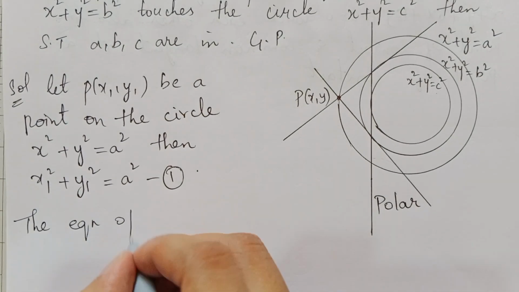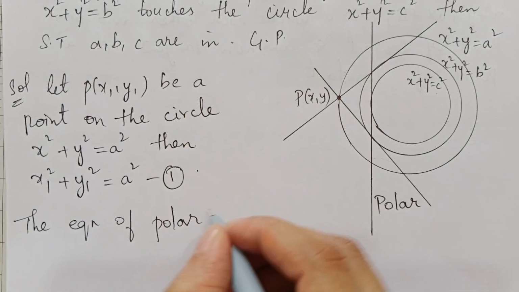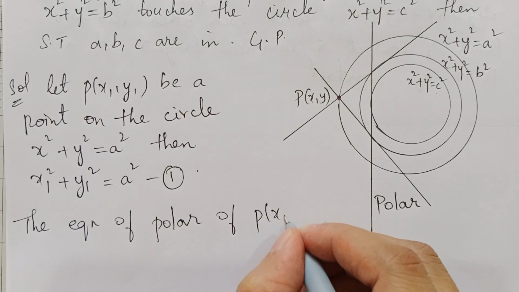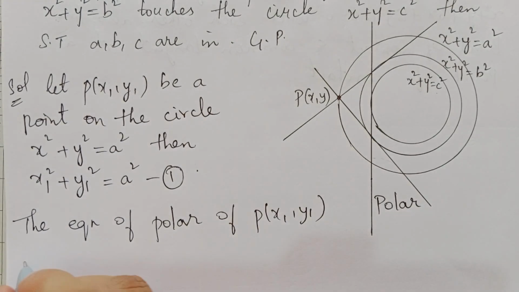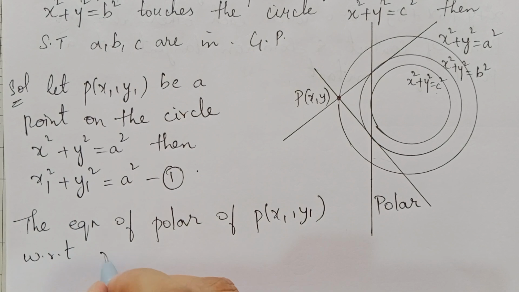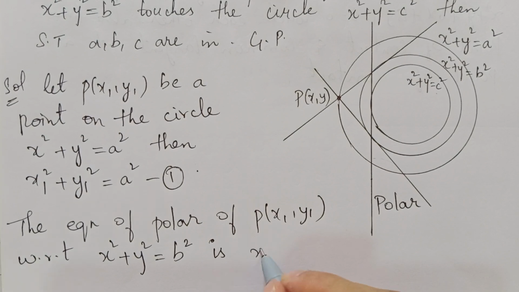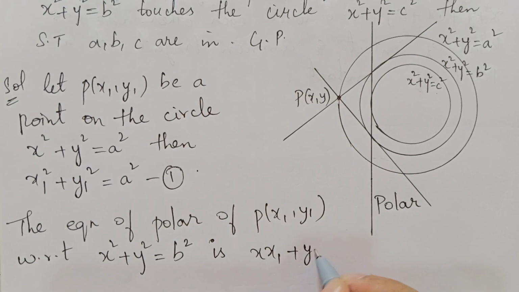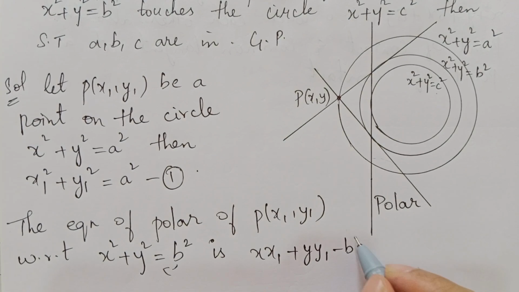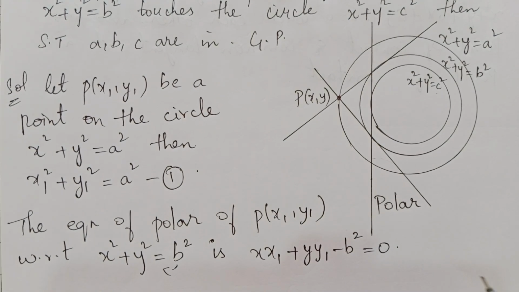The equation of the polar of the point (x1, y1) with respect to the circle x square plus y square equal to b square is x x1 plus y y1. We can transpose this b over there, so it is minus b square equals 0.